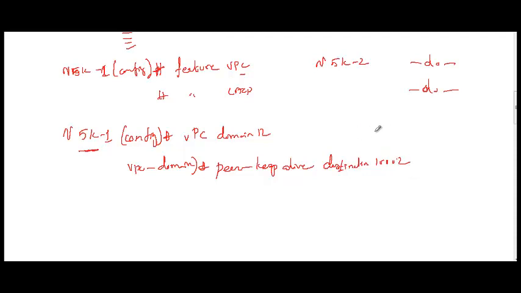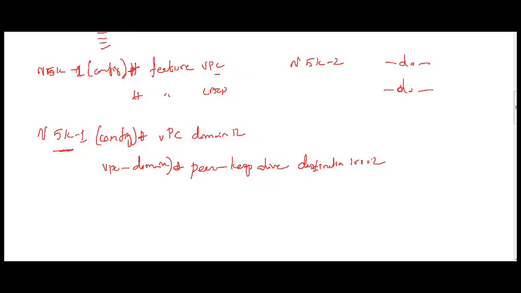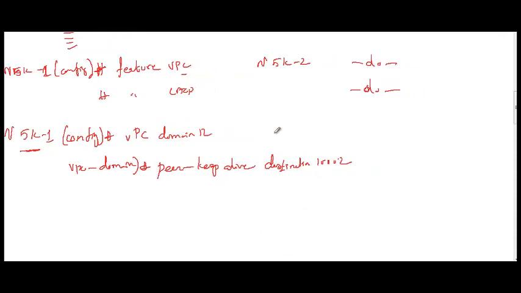So you know now what to do on the right-hand side device. On the right-hand side device, we create the same domain, and we type the same thing, but the destination address will be 10.0.0.1.